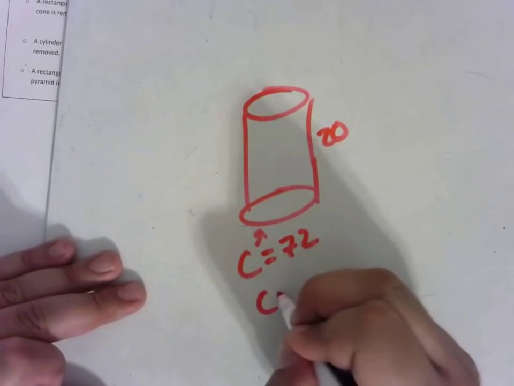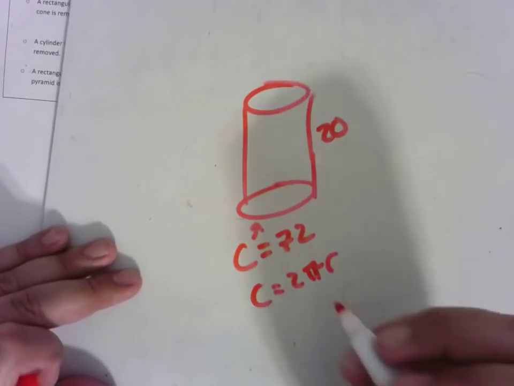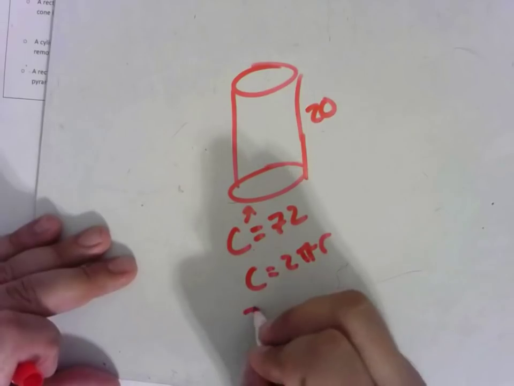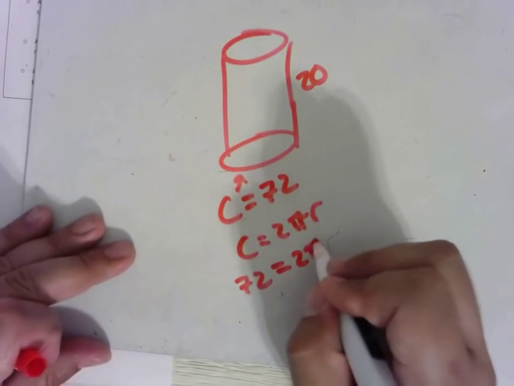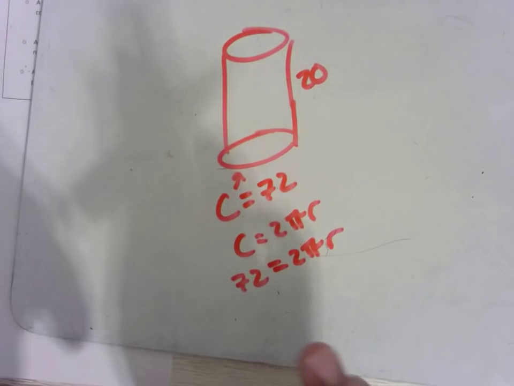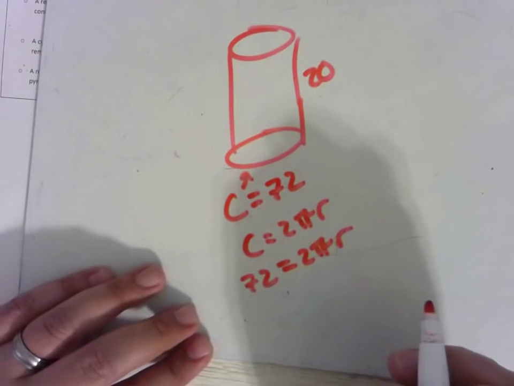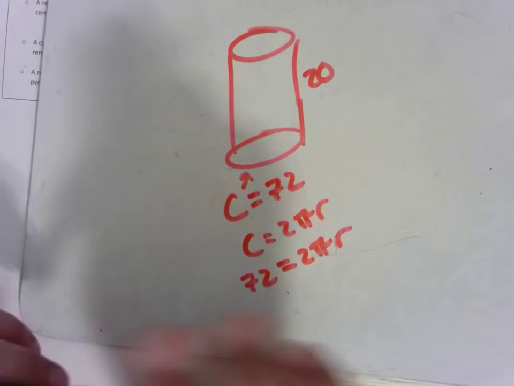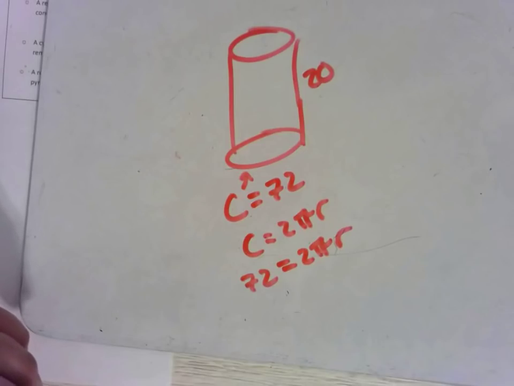Well, the circumference of a circle is 2 pi r. So if the circumference is 72, that means we have 72 equals 2 pi r. If you divide by 2 pi, then you'll have your radius, which is going to be a decimal.